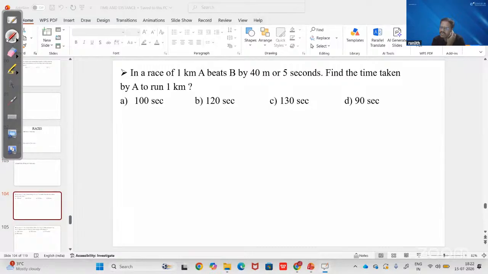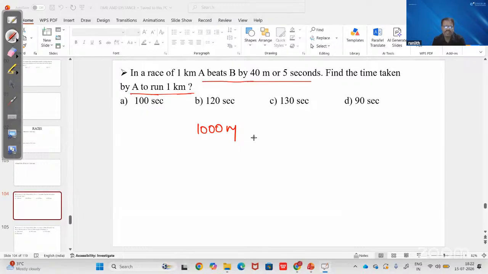In a race of 1 kilometer, A beats B by 40 meters or 5 seconds. Find the time taken by A to run 1 kilometer. In a race of 1 kilometer, that is 1000 meters, A beat B by 40 meters.